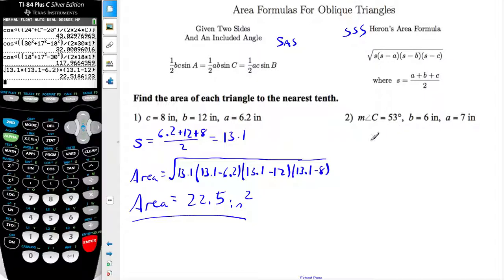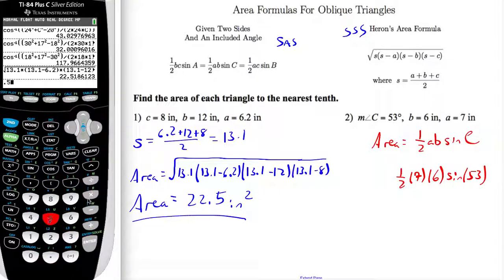Now here, this is side, angle, side, so the area is going to be 1/2 AB times the sine of C. So we get 1/2 A, which is 7, times B, which is 6, times the sine of 53.